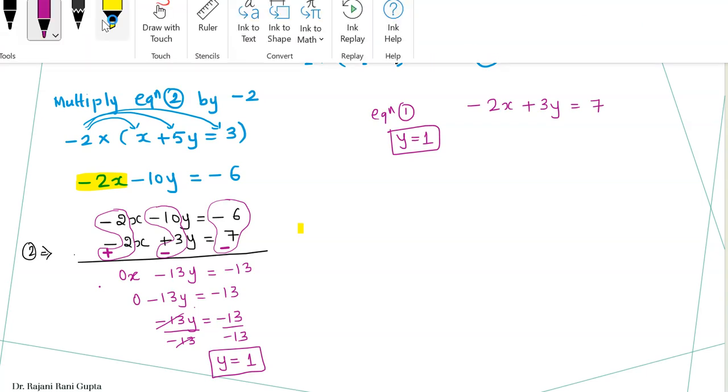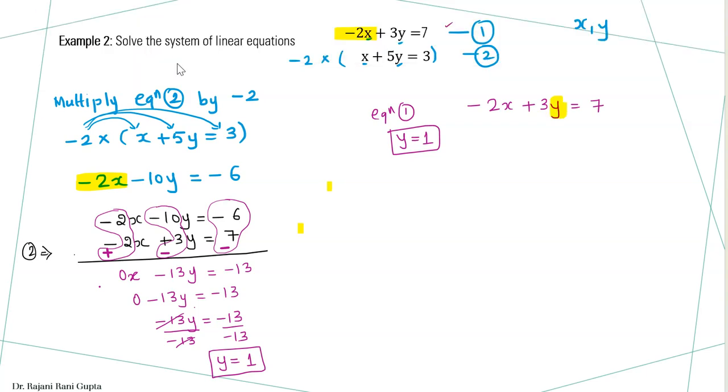So substitute means replace this y by 1. This will give you minus 2x plus 3 multiply y equal 7. So minus 2x plus 3 is 3 equal 7.